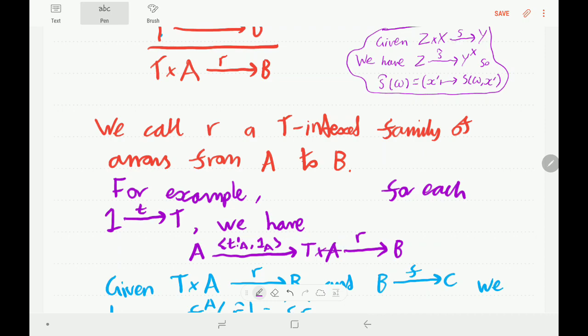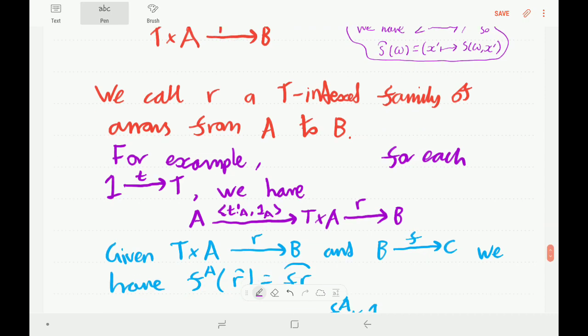We pass this A over here, and then we do R. And obviously, for any different point little t of capital T, we get a different arrow. So going over different points, we get these different arrows from A to B. It's just a formalized version of that thing I was saying about calculator buttons at the beginning, really.